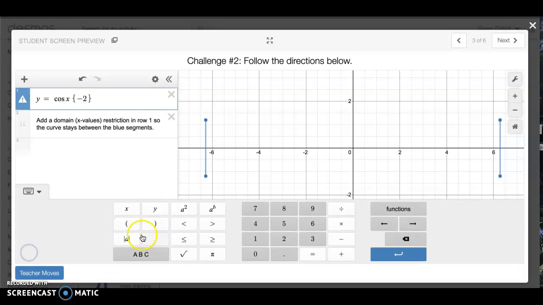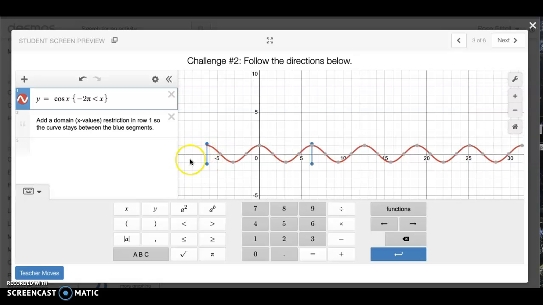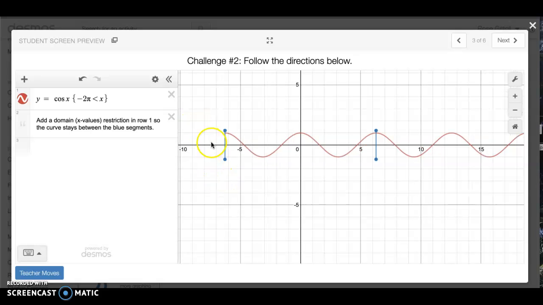Here's negative 2 pi. So now I can see this part of the function was cut off, which is what I wanted. And then how do I get rid of this other part so that I only have the part left in between the blue segments?